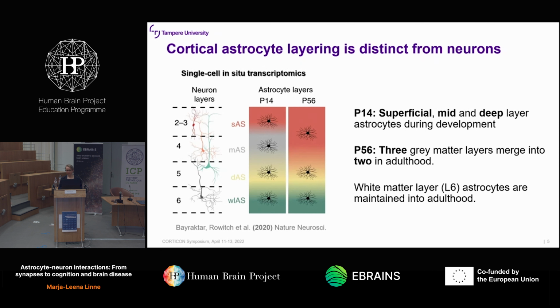When we approach adulthood, these three gray matter layers of astrocytes merge into two, like in this P56 animal. In contrast, the white matter layer 6 astrocytes are maintained into adulthood. We don't fully understand what all this means, but clearly there are anatomical changes during development and when you enter adulthood.